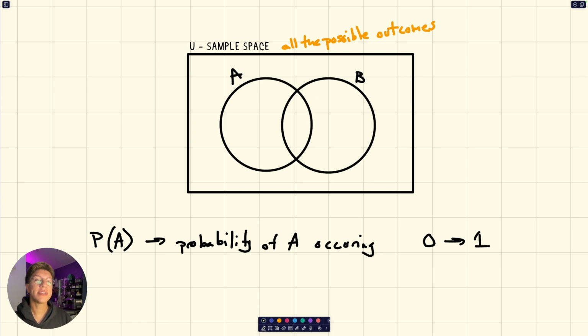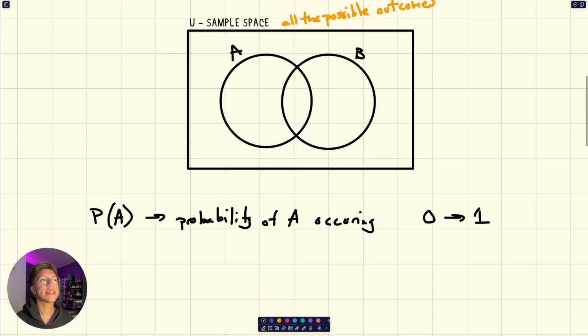So either there's a 0% chance of something happening or a 100% chance of it happening. We can never have more than that, and we can never have less than that. And similarly, we could say P of B represents the probability of event B occurring. So those are really simple, pretty straightforward.